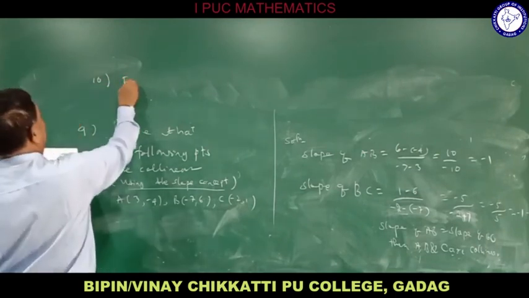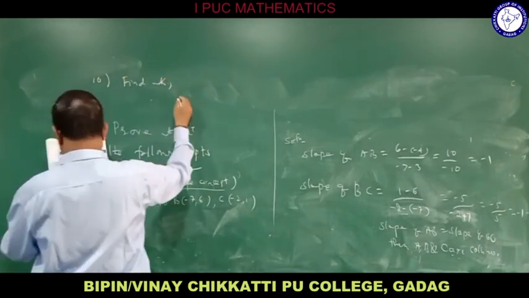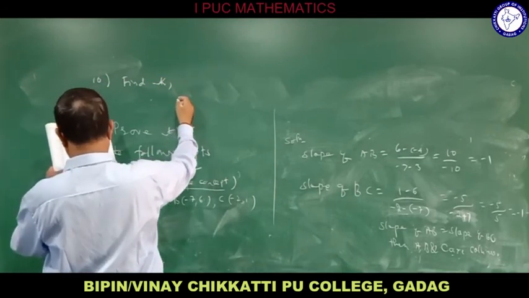Find K if the following lines are perpendicular.